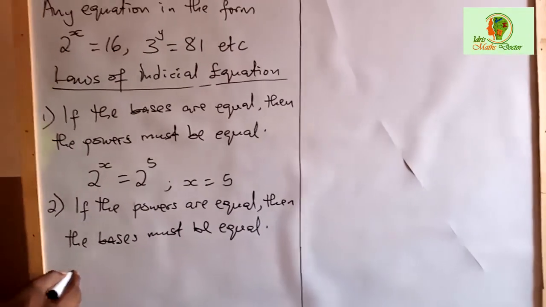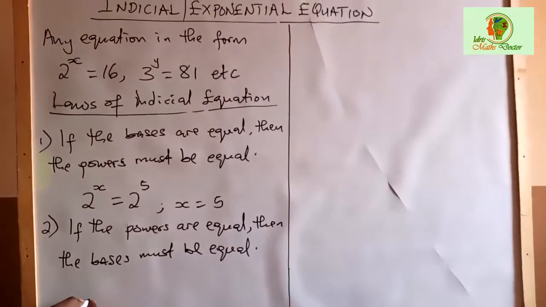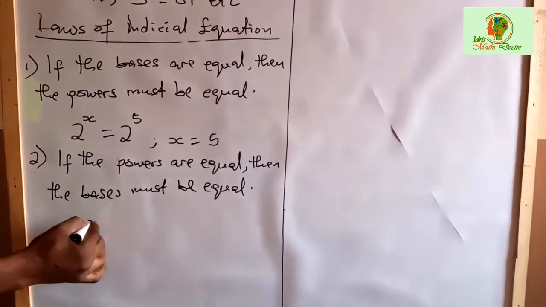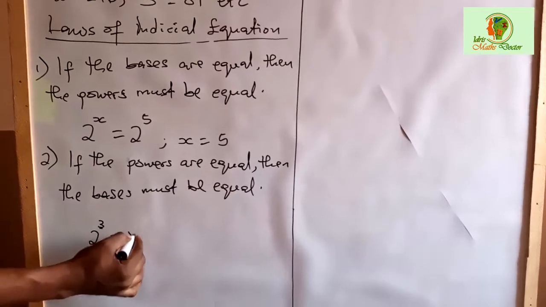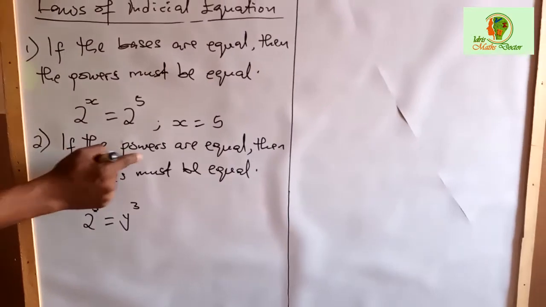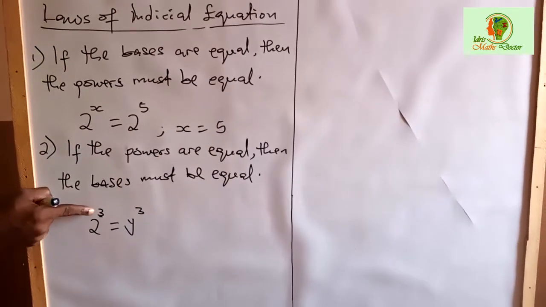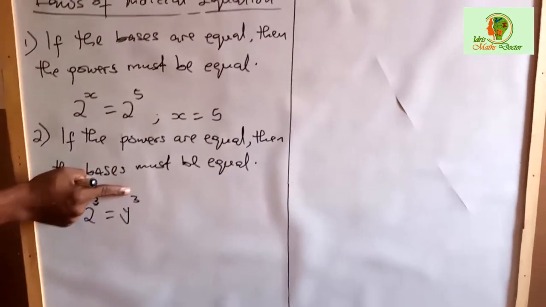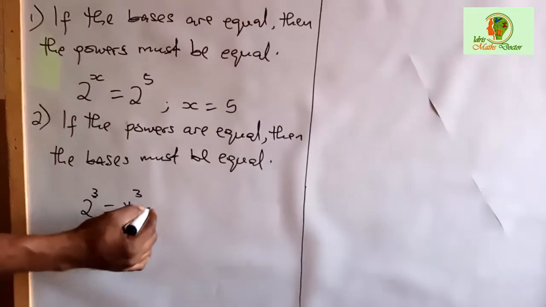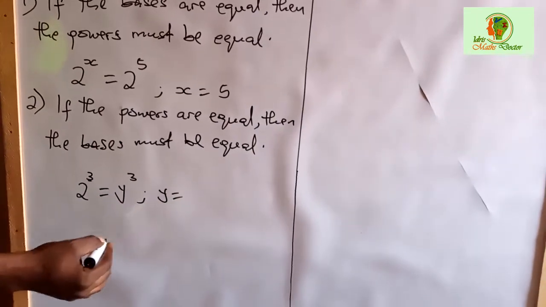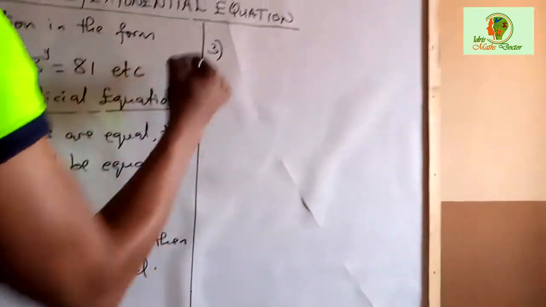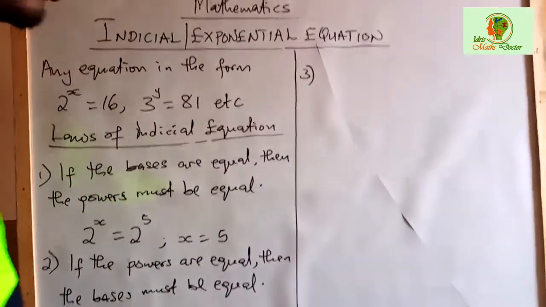So for instance, let's say we have 2 raised to power 3 equal y raised to power 3. Because we said if the powers are equal, look at this, the power here is 3, the power here is also 3. The base must be equal. It means letter y must be 2.